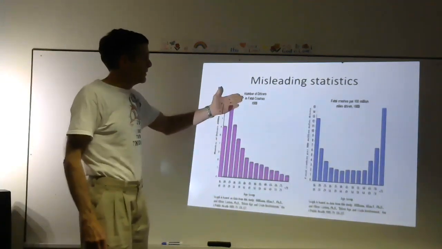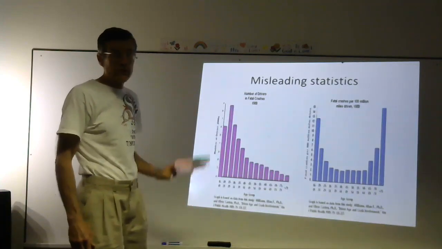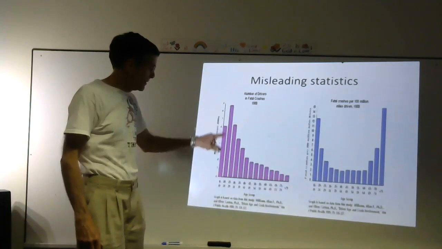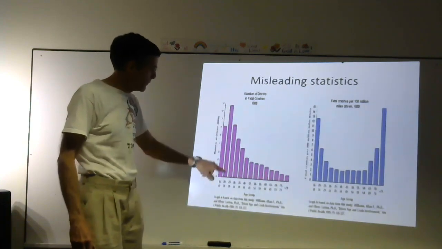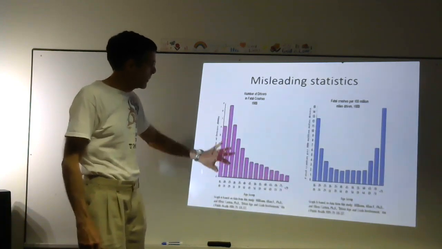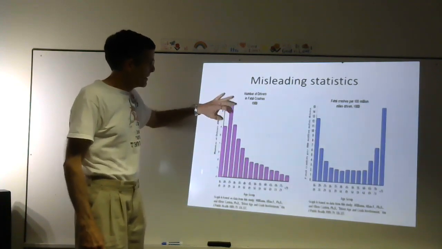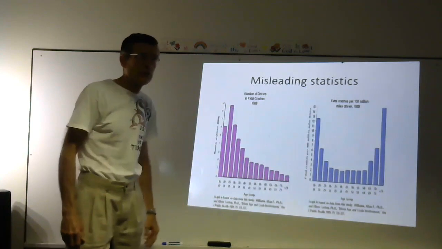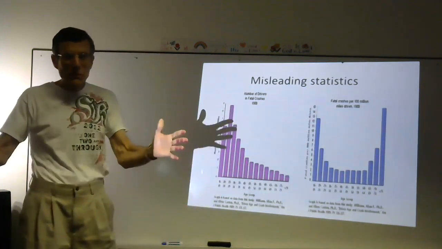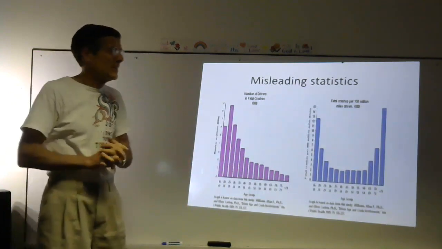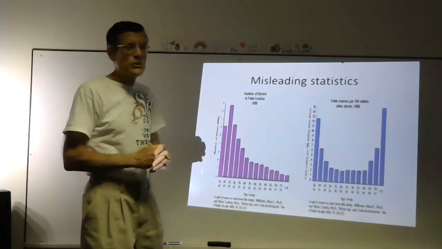Number of drivers in fatal crashes. Look at you youngsters, teenagers, 20 to 24-year-olds, 25 to 29, the three biggest classes of drivers involved in fatal crashes. You young people, causing all the problems, right? Well, let's not be so sure.